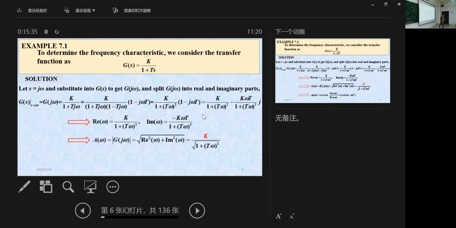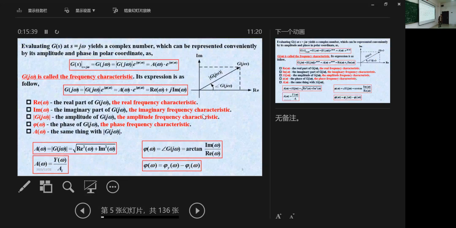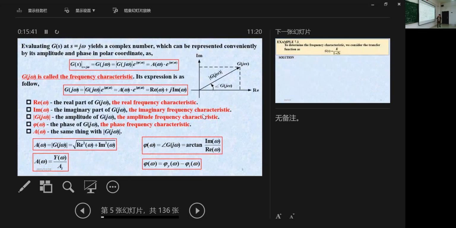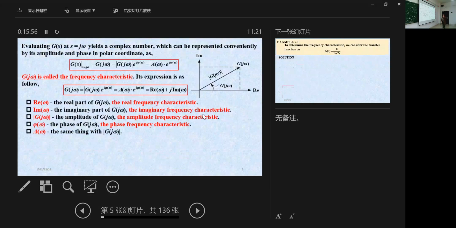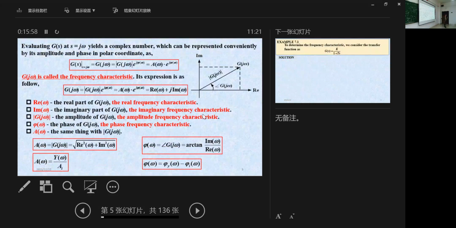How about the phase? It is the imaginary part over the real part, still this triangle. If we want to get the angle, it's the argument of this over this, imaginary over real. This line is very important.